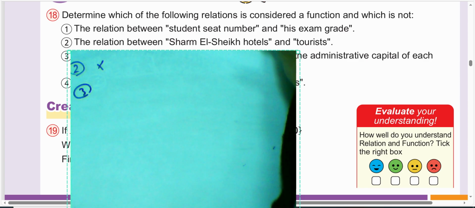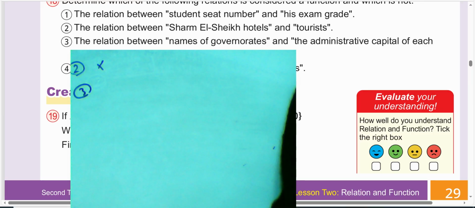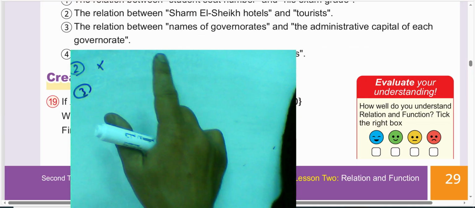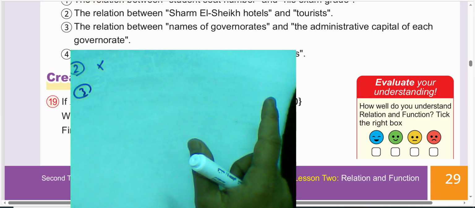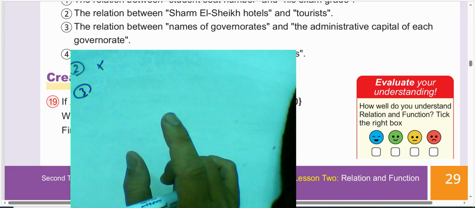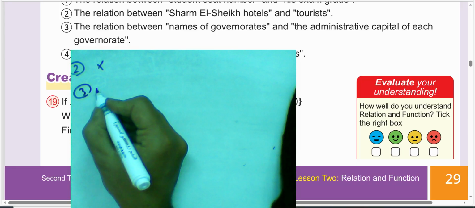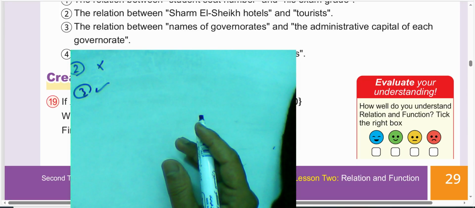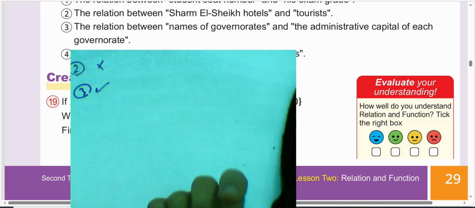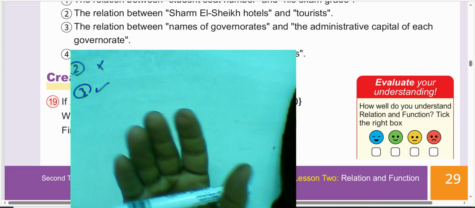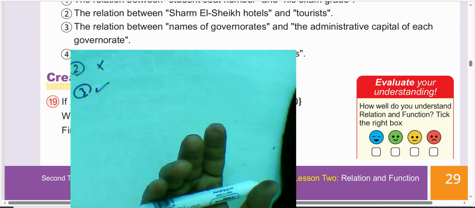Number 3, the relation between names of governorates and the administrative capital of each governorate. It will be a function because each governorate has only one capital, like the capital of Egypt, it will be Cairo.